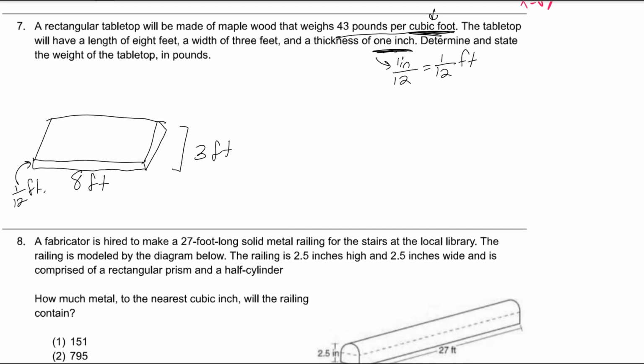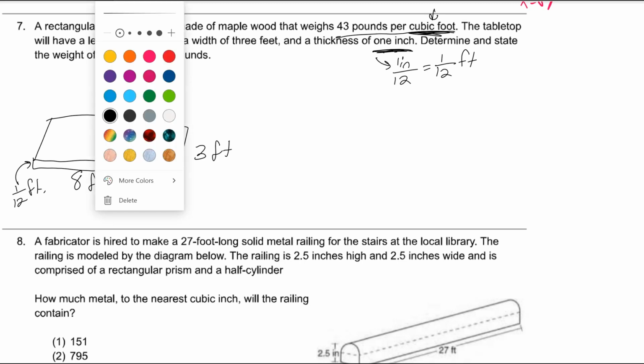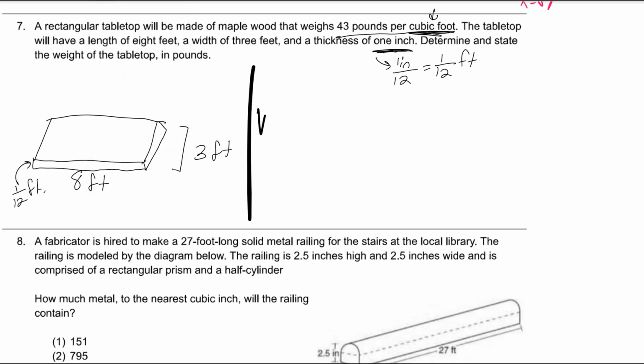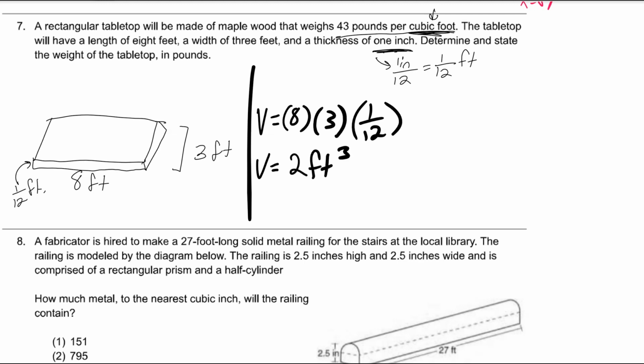So I'll start by finding the volume. Remember, that's area of the base times the height, or as you learned at some point in middle school, for a rectangular prism I could just do length times width times height. And because all of those measurements are in feet, when I multiply them, I get a unit in feet cubed.